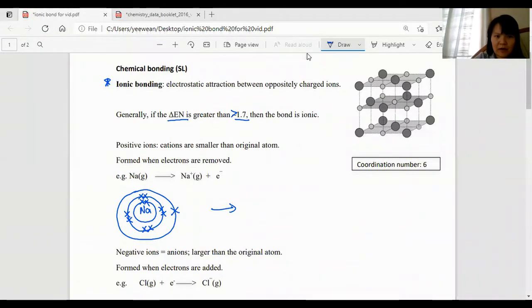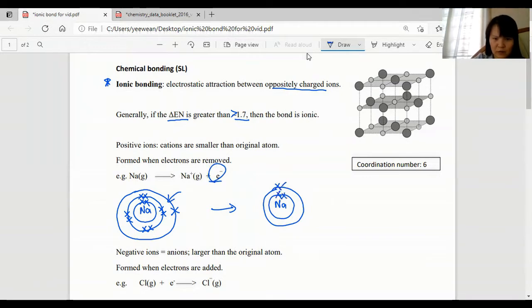Back to how an ionic bond is formed. So it must have oppositely charged ions. We look at the cation first, then the anion. Cations, they are smaller than the original atom because they lose an electron from the outermost shell. So for Na, for example, this last shell is gone when we remove this electron.